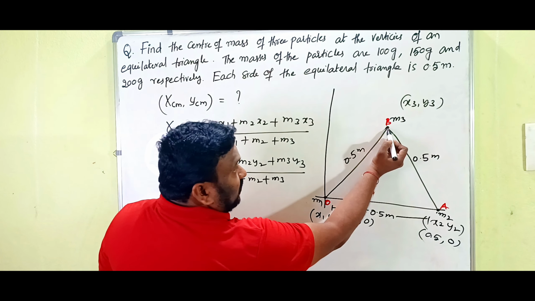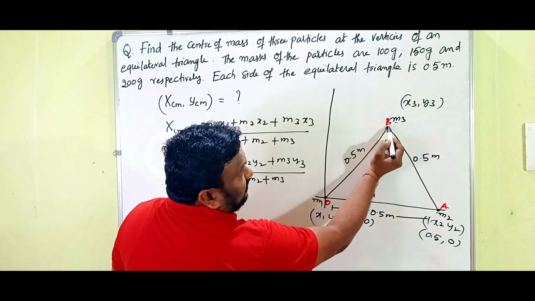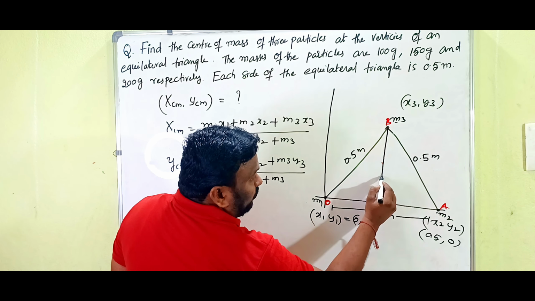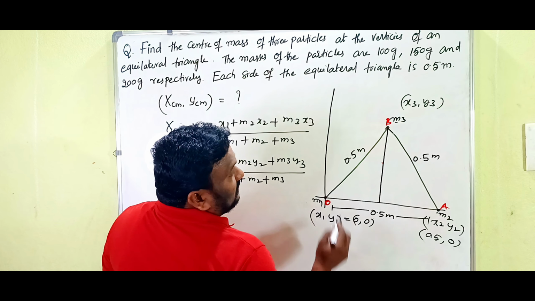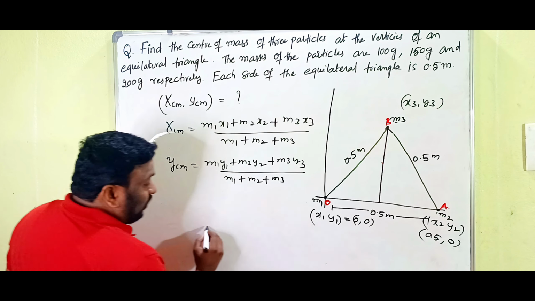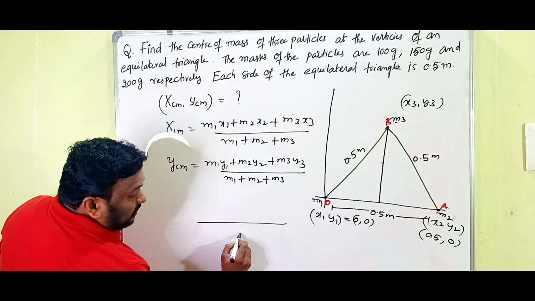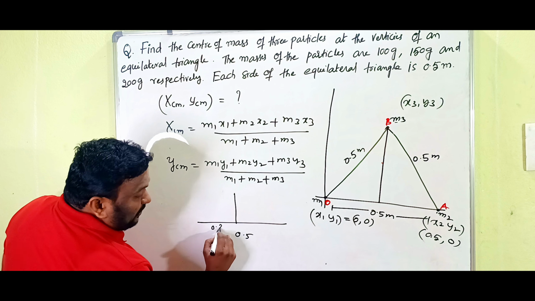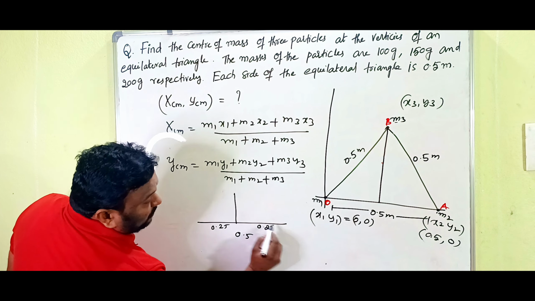Now the third particle m3 is at B, and at this position we have to find the value. This is the midpoint. Given that the total is 0.5, at the midpoint this is 0.25 and this is 0.25.